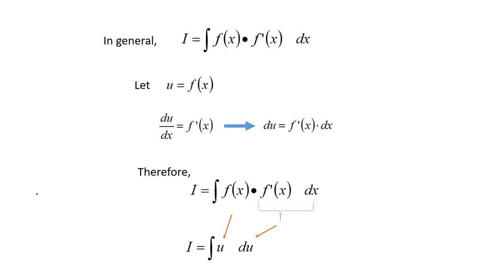So, example over here, this is actually the technique. Number one, you have to let u be a function. Usually we let u be a complicated function.